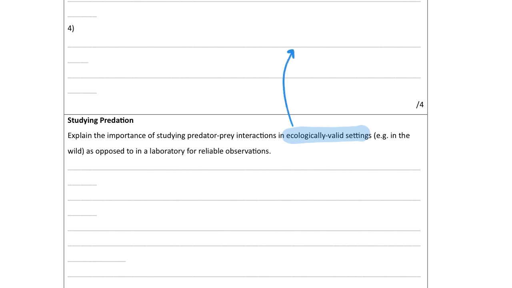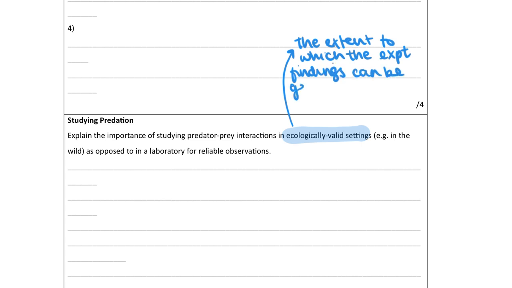So an ecologically valid setting is the extent to which the experimental findings (EXPT) can be generalized to real life.